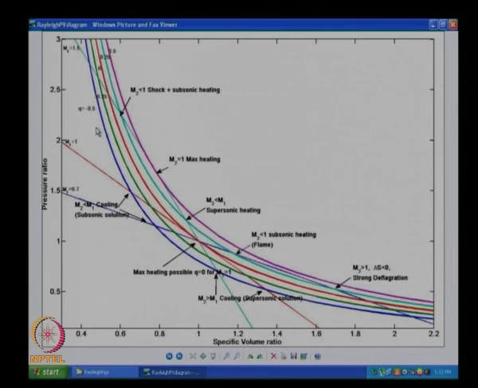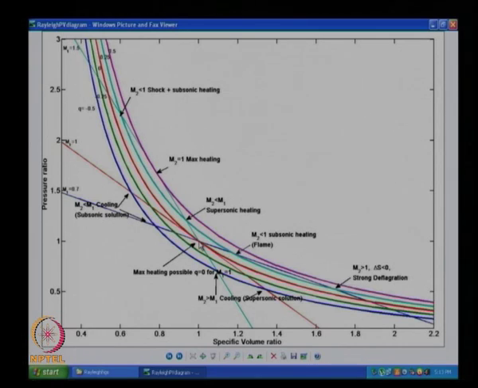Now if I look at the curve, let us say I want to start at this point and I say q equal to 0 line, I am finding that if I think about a Rayleigh line for M equal to 1, then there is no other solution other than this. What does that mean?